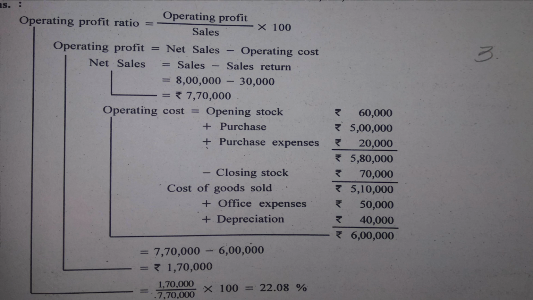Yes? So this way we have obtained operating profit ratio, the answer for which is 22.08%. It is compulsory to put a sign of percentage besides the answer that you obtain. Alright? Fine then. We are done with the illustrations of operating profit ratio, illustration number 8 and 9.